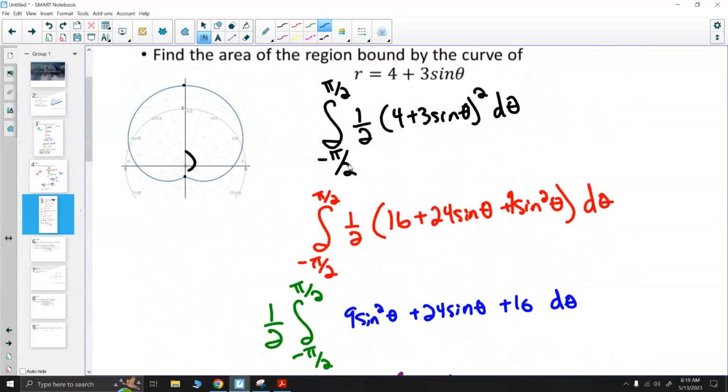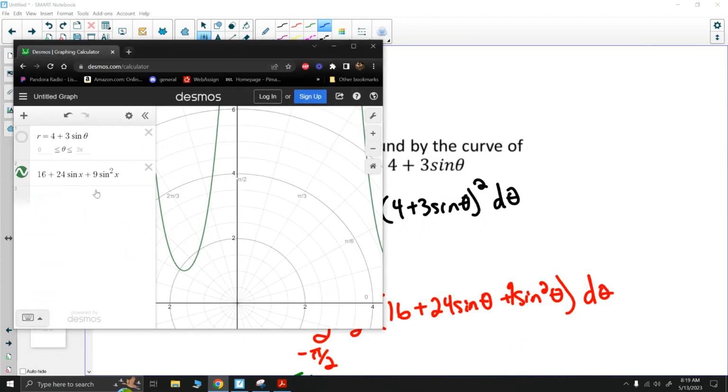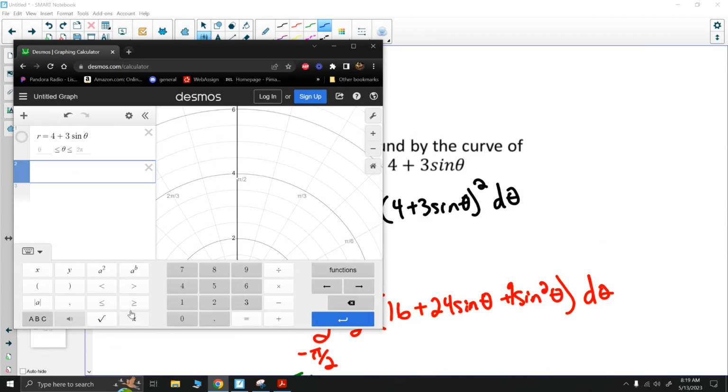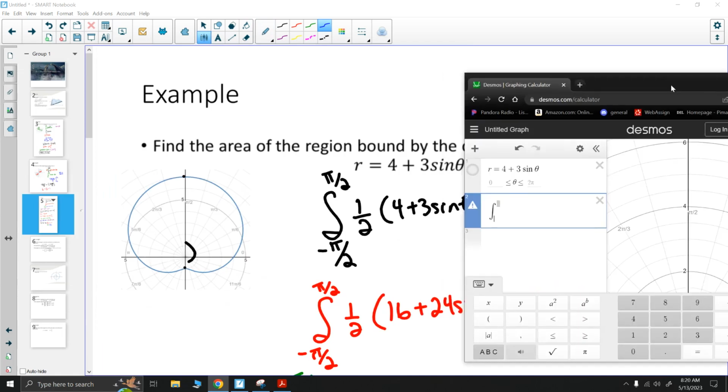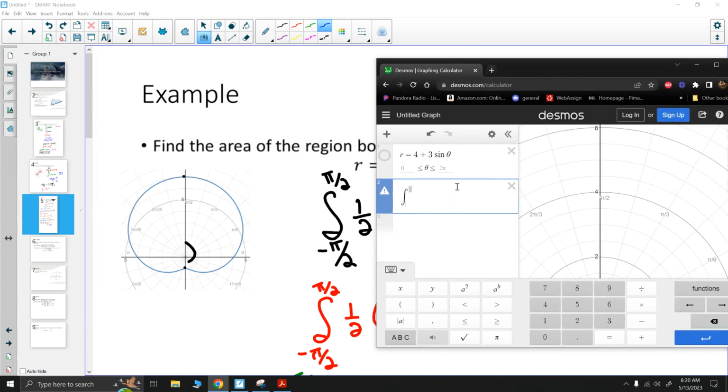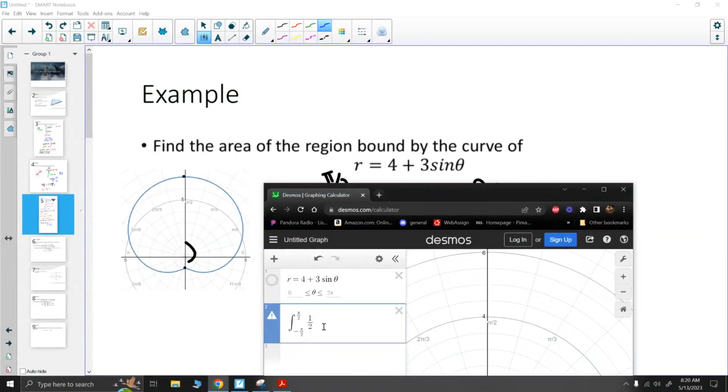Okay, so let's take a look at this again on our integral, just to double check that this makes sense. If we go to functions, integration from negative pi over 2 to pi over 2 of our 1/2 times 4 plus 3 sine theta, I'll just call it x squared dx.